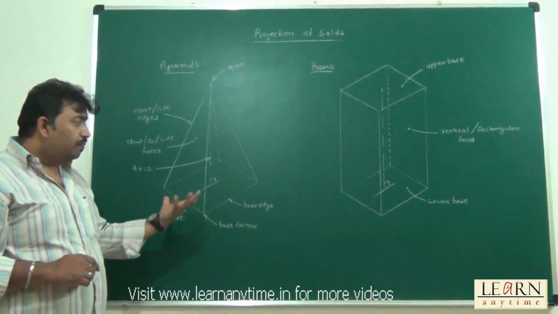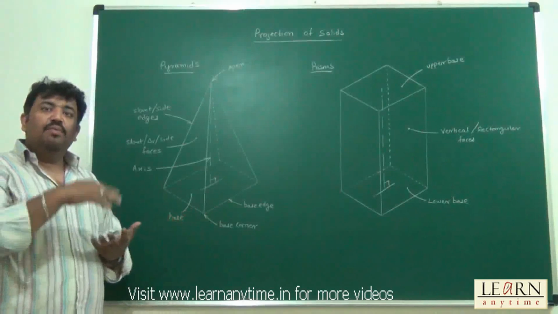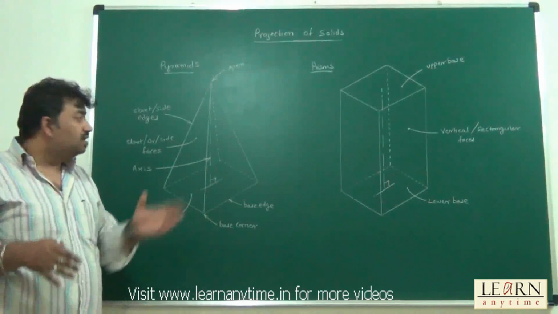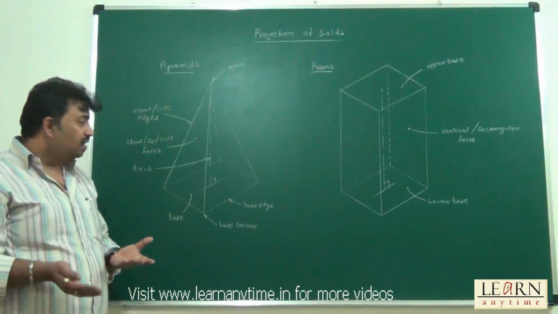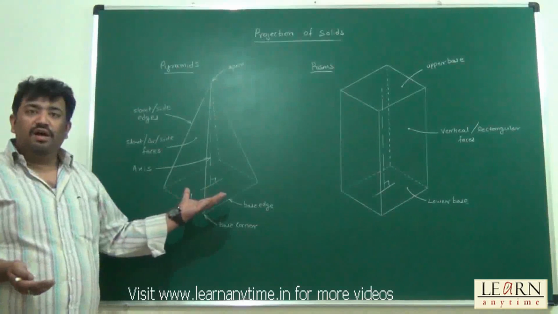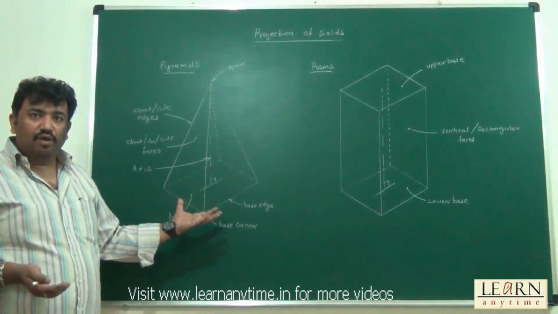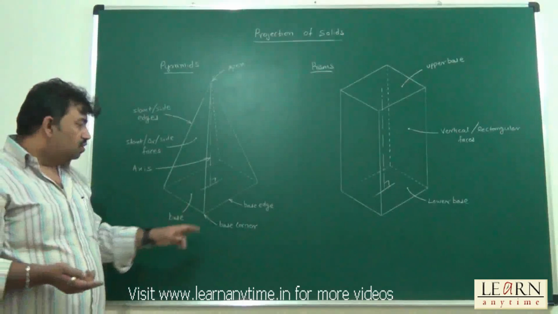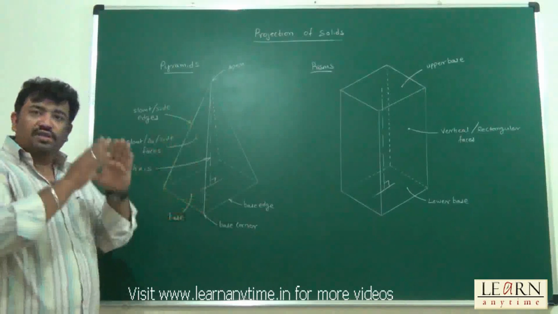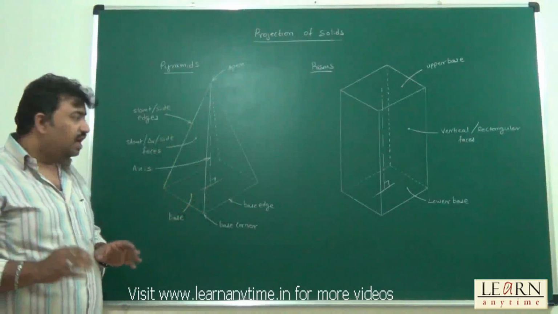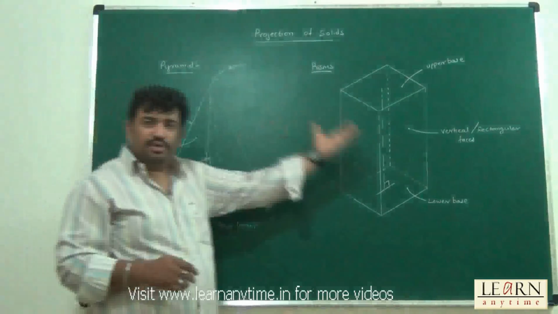Now depending upon the shape of the base, the number of base edges, base corners, slant edges and slant faces will vary. If it is a triangular base, then there are only 3 corners, so there will be only 3 base corners, 3 base edges, 3 slant edges and 3 slant faces. Right, and same thing with prisms also.